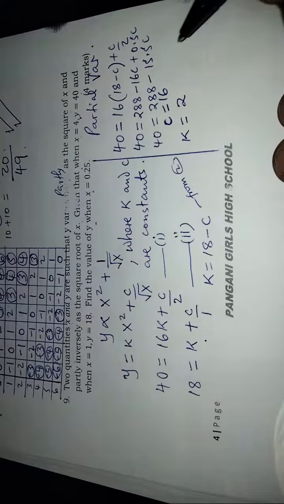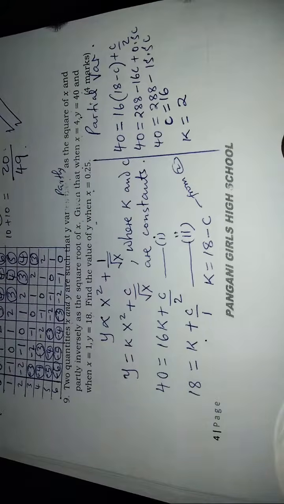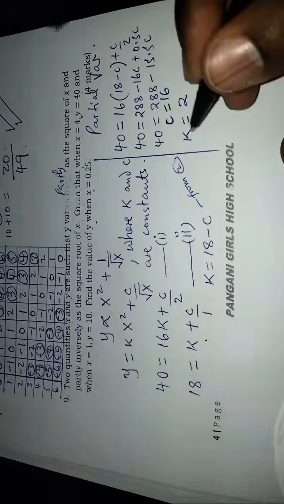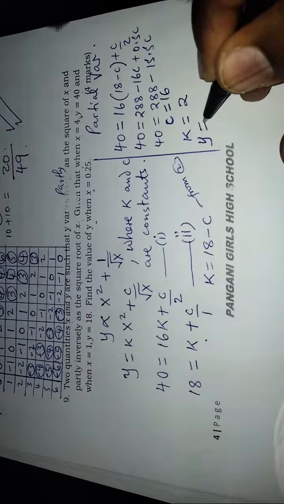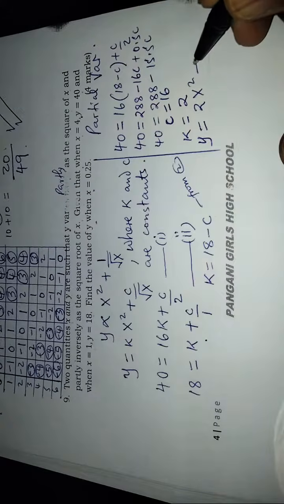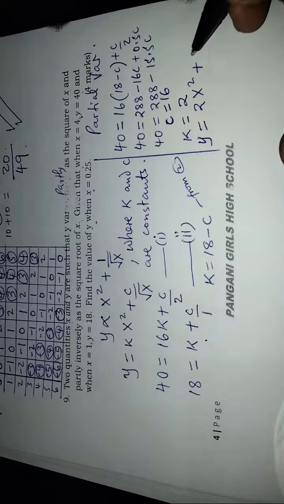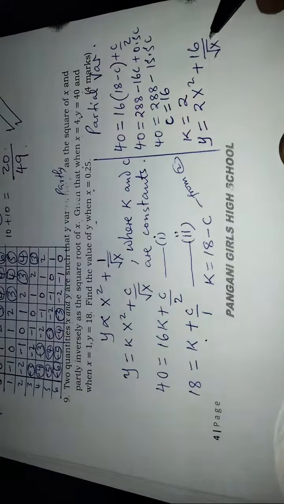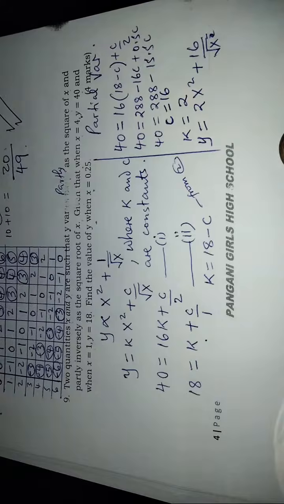This means, because we are finding the value of y when x equals 0.25, we can first of all write the general equation connecting the two. The general equation is y equals k, which is 2, x squared plus c, which is 16, out of the square root of x.